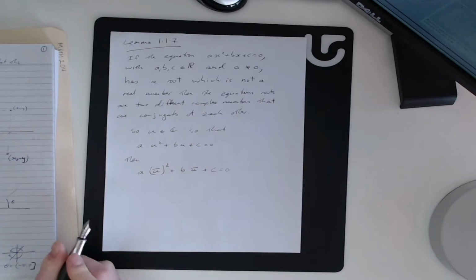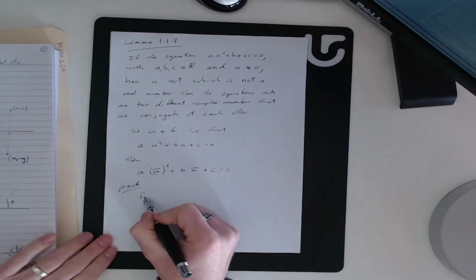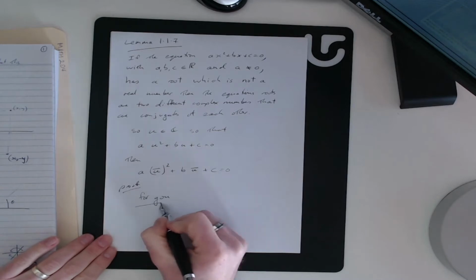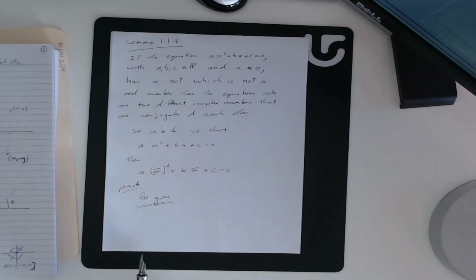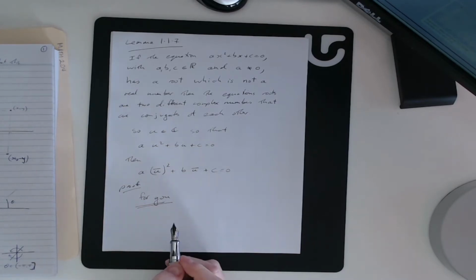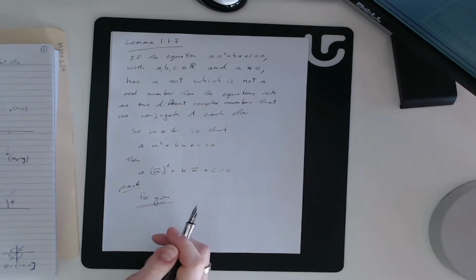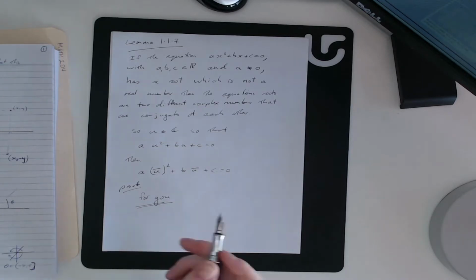So I'm not going to prove this. Proof for u: you have seen everything so far you need to prove this. Use the quadratic formula, and you can just basically back substitute in, but it's up to you. I'm not going to do it. And it's page 7.